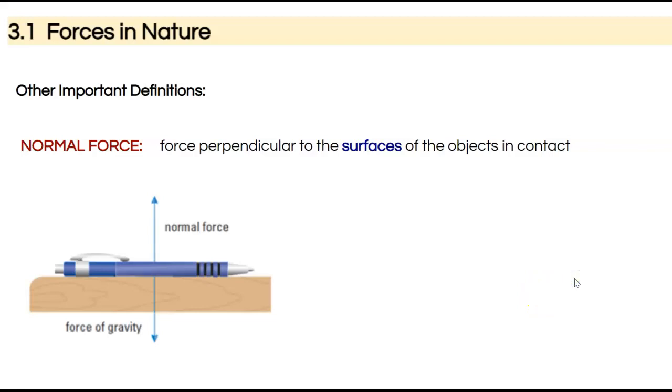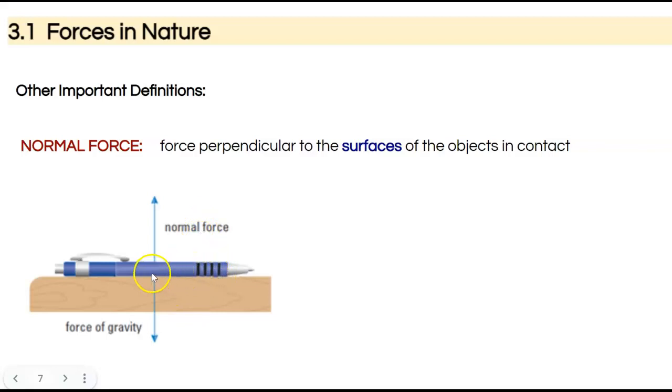Okay, so for instance, let's say I had just a pen resting on some kind of horizontal surface here. Then that pen, I know, it's not sinking into that table and it's not floating above the table. It is staying, it is at rest.